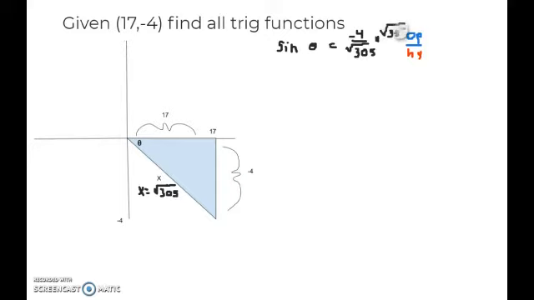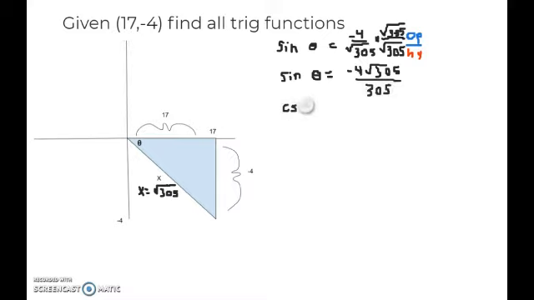Then you can't have it written like that, so you have to get the square root out of the denominator. You multiply it by the square root of 305 over the square root of 305. Then your final answer for sine would be -4 square root of 305 over 305.